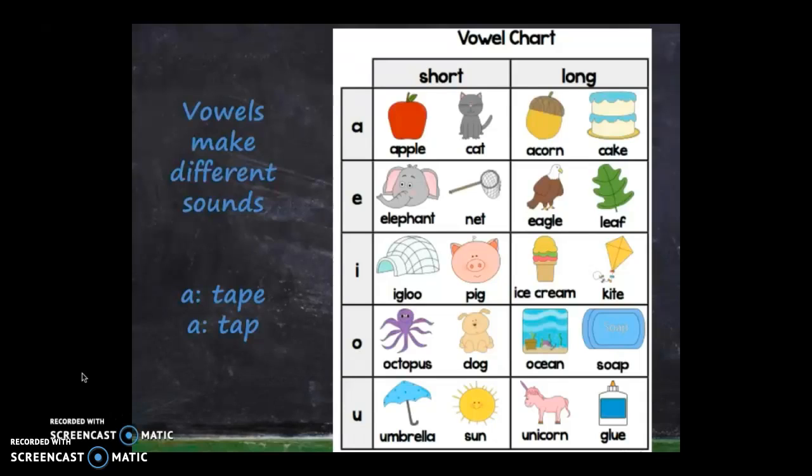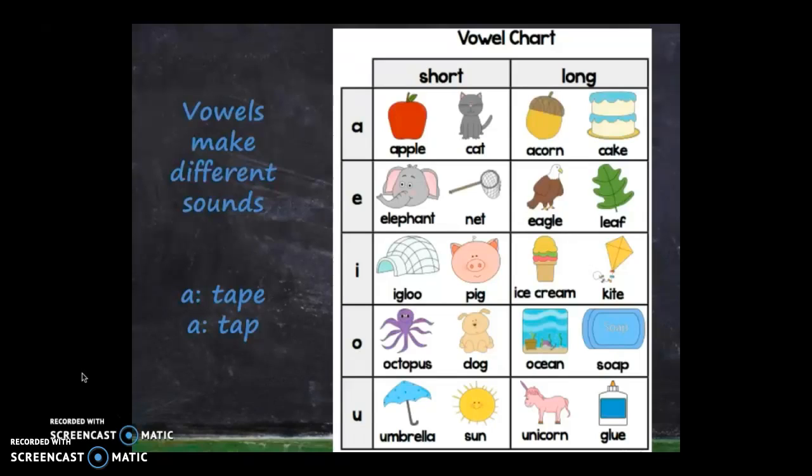The short O sound makes an ah sound, such as octopus and dog, the O in dog. The short U makes a U sound, such as umbrella and sun. You hear the U in sun.